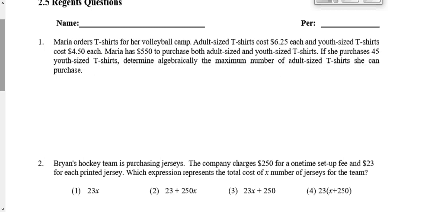You could use X for that, but it makes sense to use a capital A for adult, right? But let me ask you this: is there some question as to how many youth shirts will be bought? Do we need a variable for the youth shirts? Because it's saying if you purchase a 45 youth size. Wait a minute now.